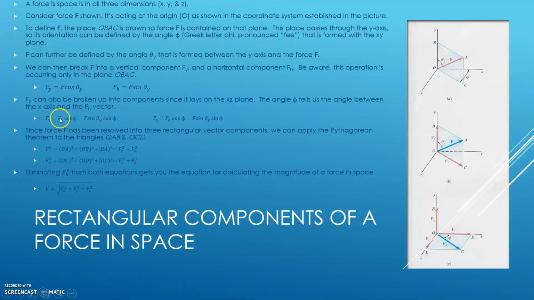So that's all that we did. We took that horizontal component and multiplied it by the cosine of phi, and all I'm doing is substituting F sine theta y in for that F horizontal. And the same thing here.